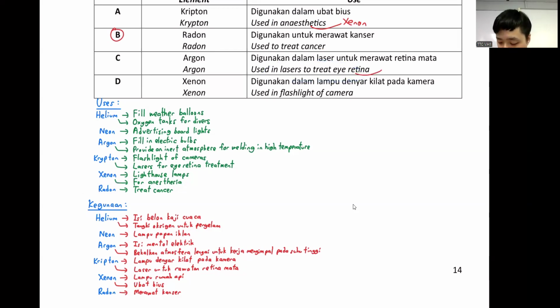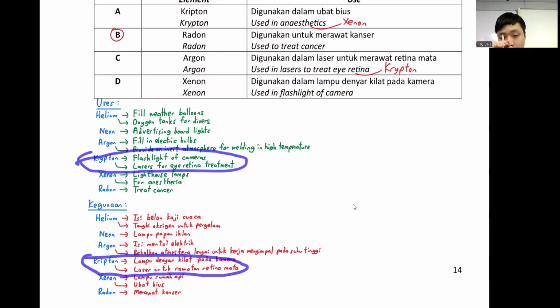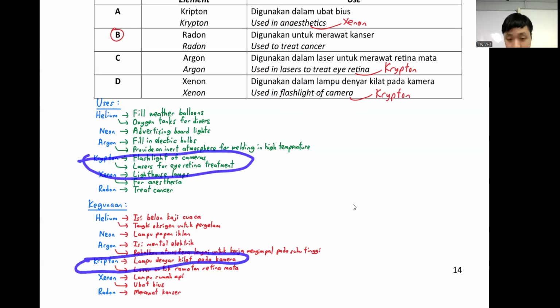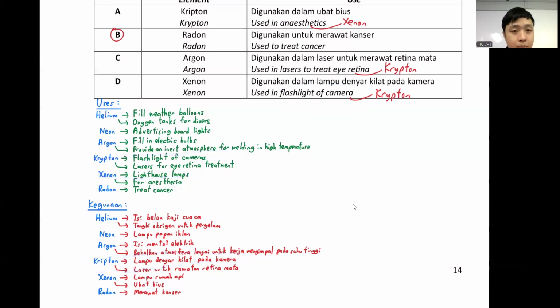The eye retina one is krypton. Flashlight in camera is also krypton. So the answer is B. Others you can look through yourself.